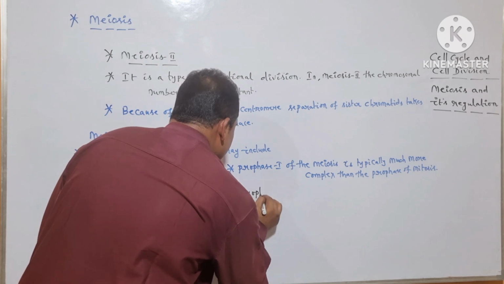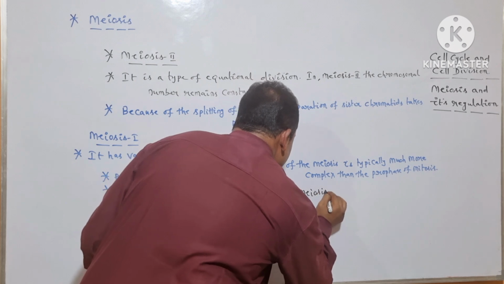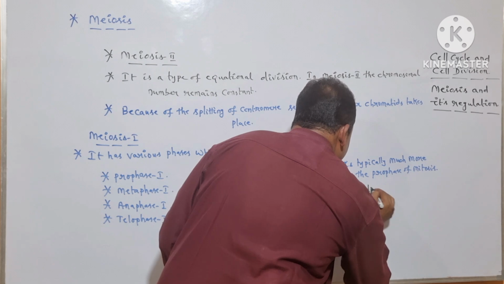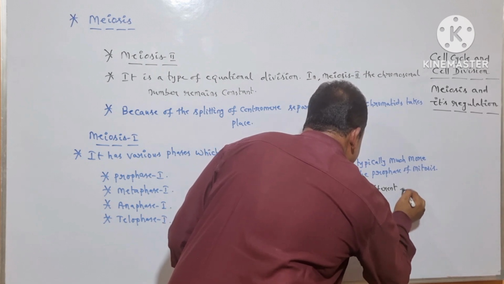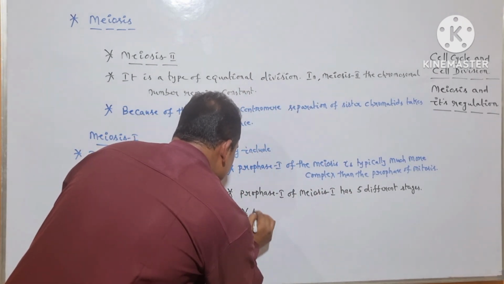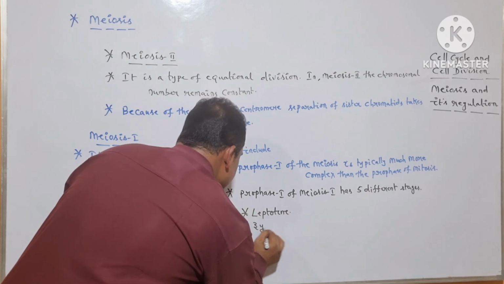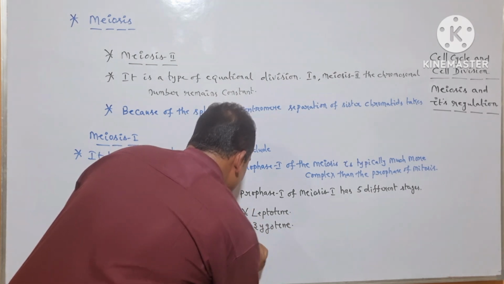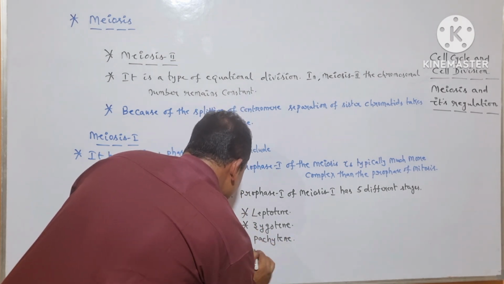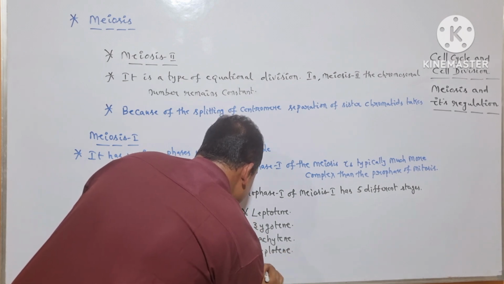Prophase 1 of meiosis 1 has 5 different stages, which may include leptotene, zygotene, pachytene, diplotene and diakinesis, right?